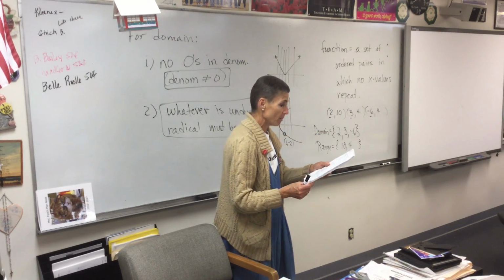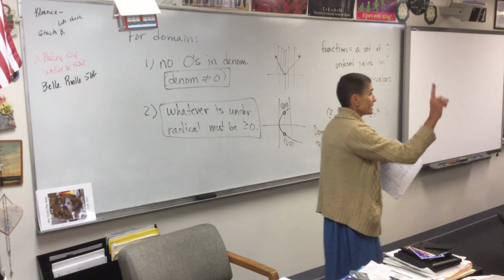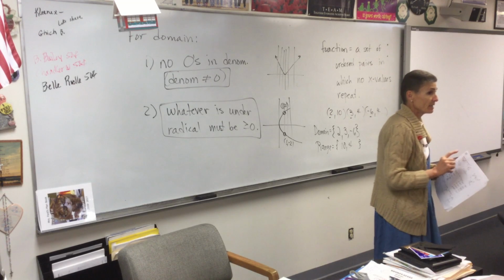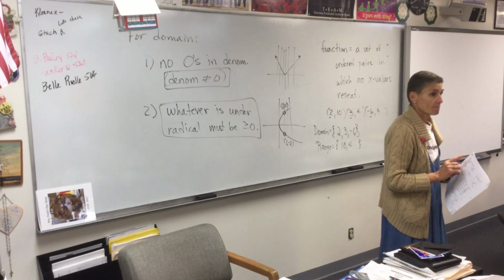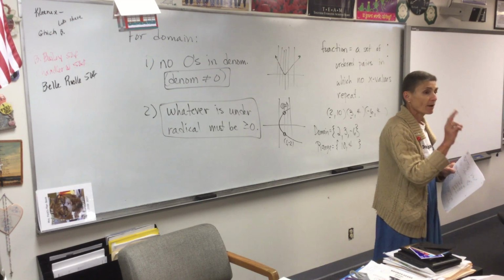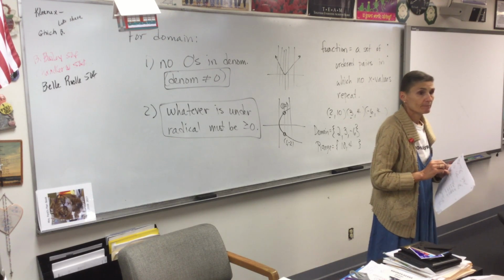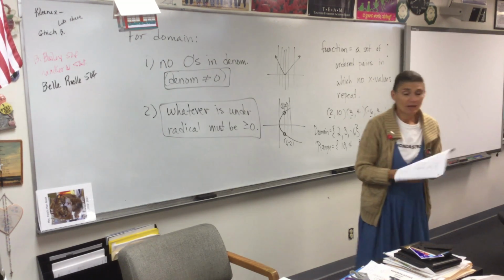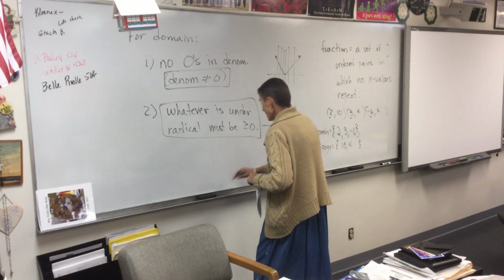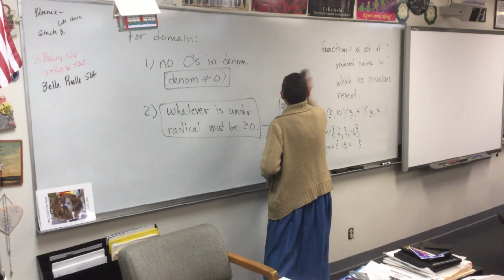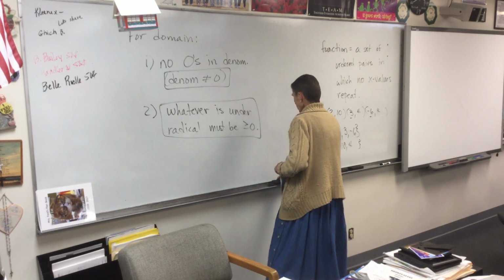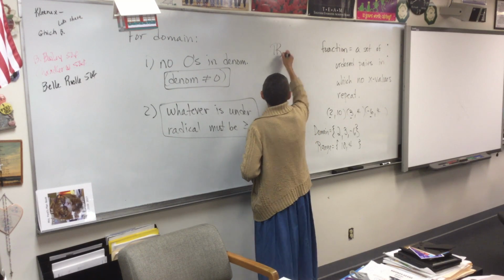So I want you to look at problem 2a. Is there a denominator in 2a? No. Is there a radical in 2a? No. So therefore, the domain for 2a is all real numbers.